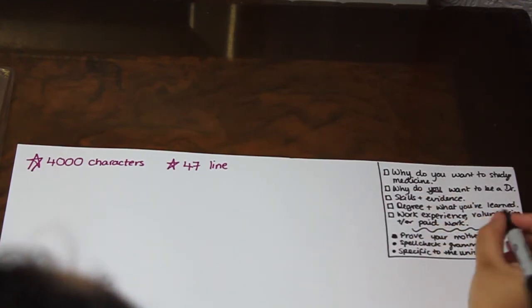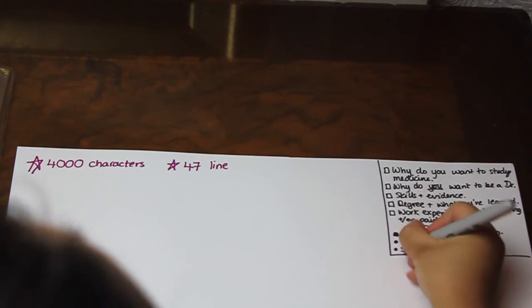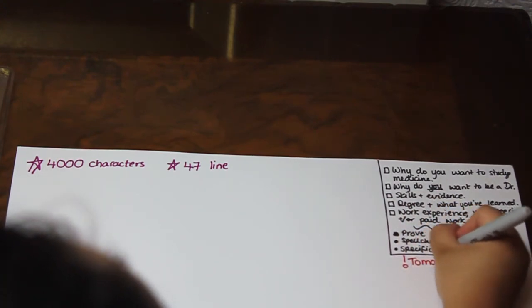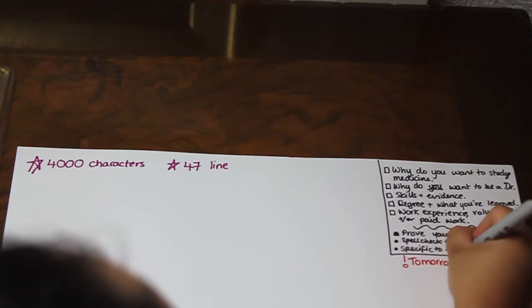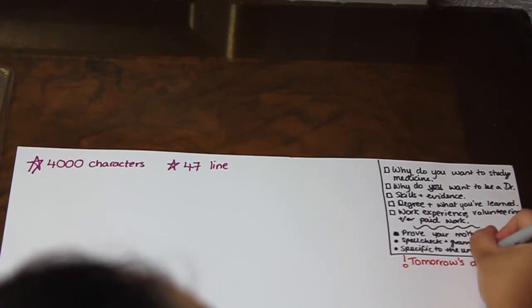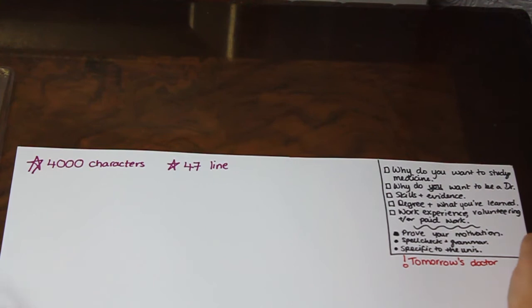To help you with this, I'm going to recommend something called Tomorrow's Doctors. You can find it on the internet. Just Google Tomorrow's Doctors, and there's a PDF document that lists all the characteristics and features that medical schools are looking for in their medical students or hopeful medical students.